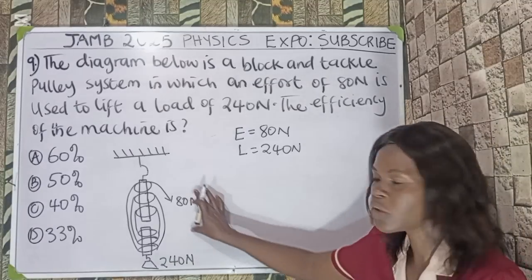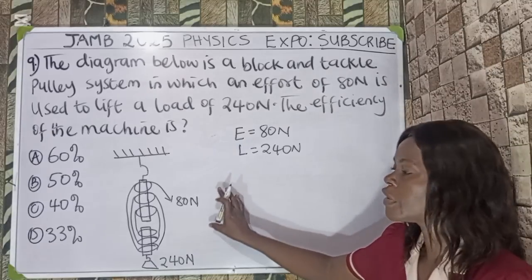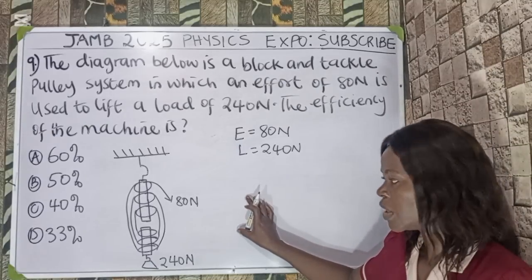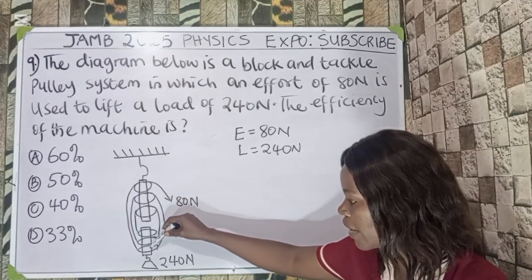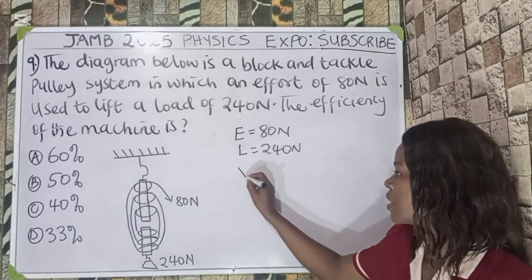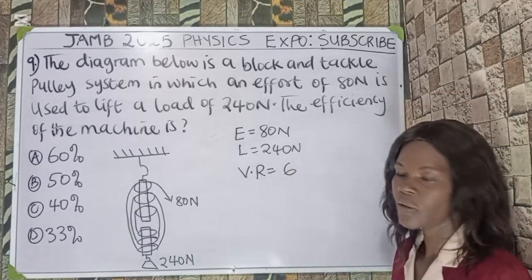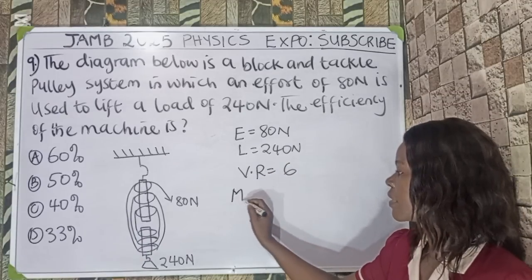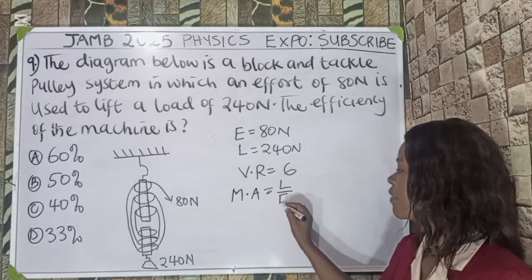Now, we are going to know the number of pulleys here because for the velocity ratio of a pulley system, the number of pulleys is equal to the velocity ratio. So let's count it. This is 1, 2, 3, 4, 5, 6. Okay, so velocity ratio is equal to 6. So let's get our mechanical advantage, which is load over effort.